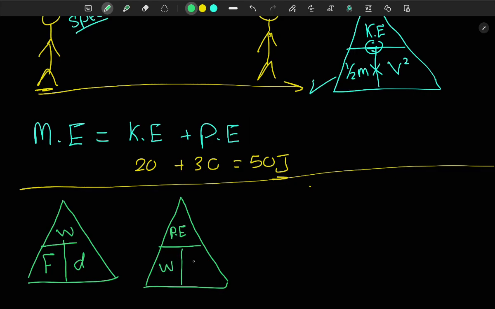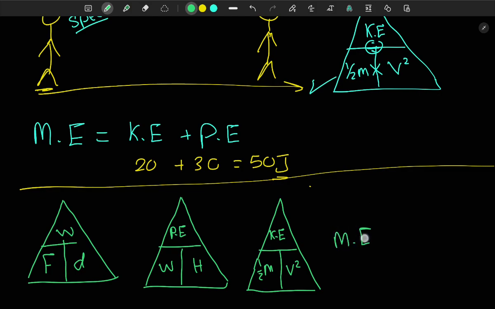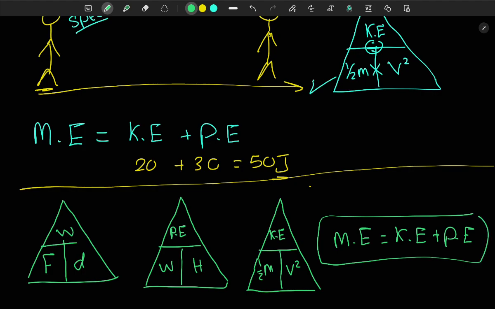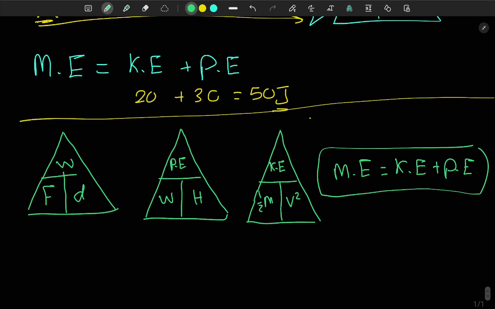The third one is kinetic energy, which equals half mass times v square. So it depends on the mass of the body and the velocity or speed of the body. The fourth one is mechanical energy, which equals kinetic energy plus potential energy. The easiest one, easy measy little squeezy.